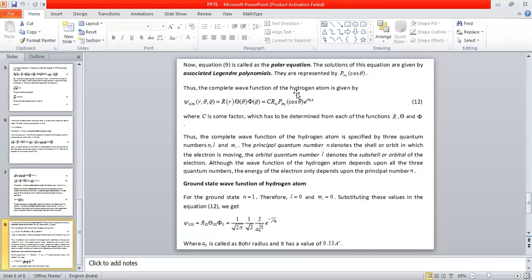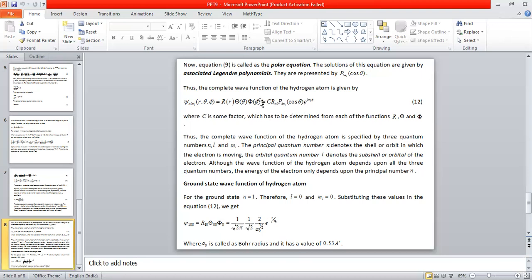R of r is given by the associated Laguerre polynomials, and the solution of theta is given by the associated Legendre polynomials, represented by P, L, M, L of cos theta.